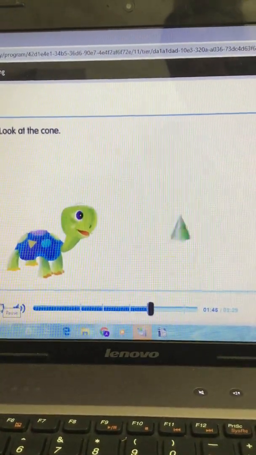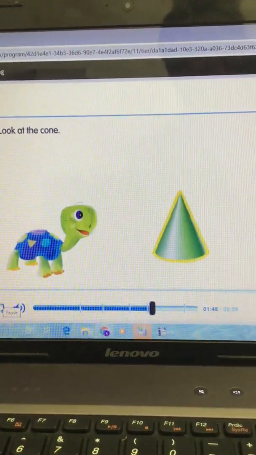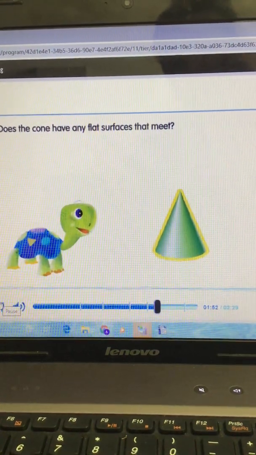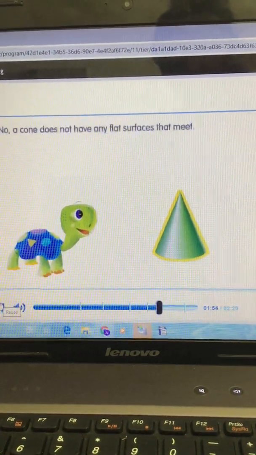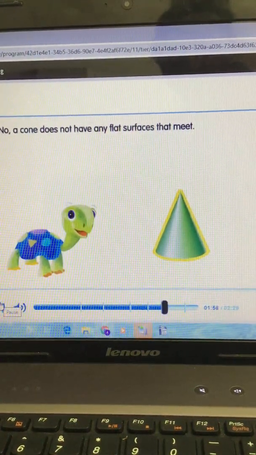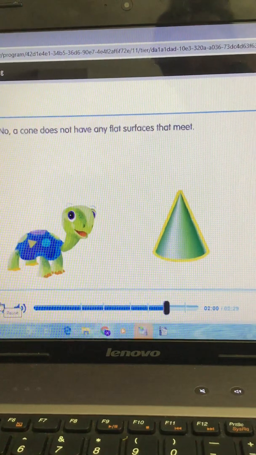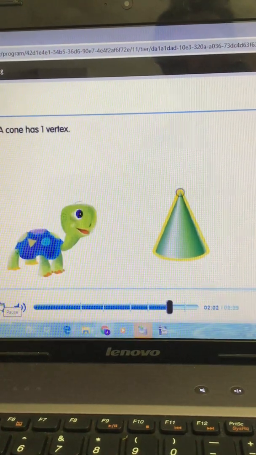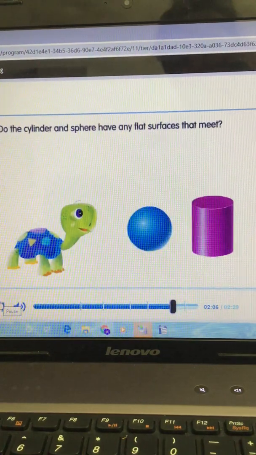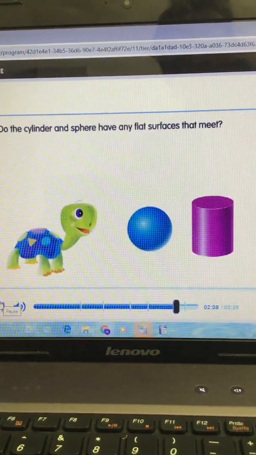Look at the cone. Does the cone have any flat surfaces that meet? No. A cone does not have any flat surfaces that meet. A cone has 1 vertex. Do the cylinder and sphere have any flat surfaces that meet?